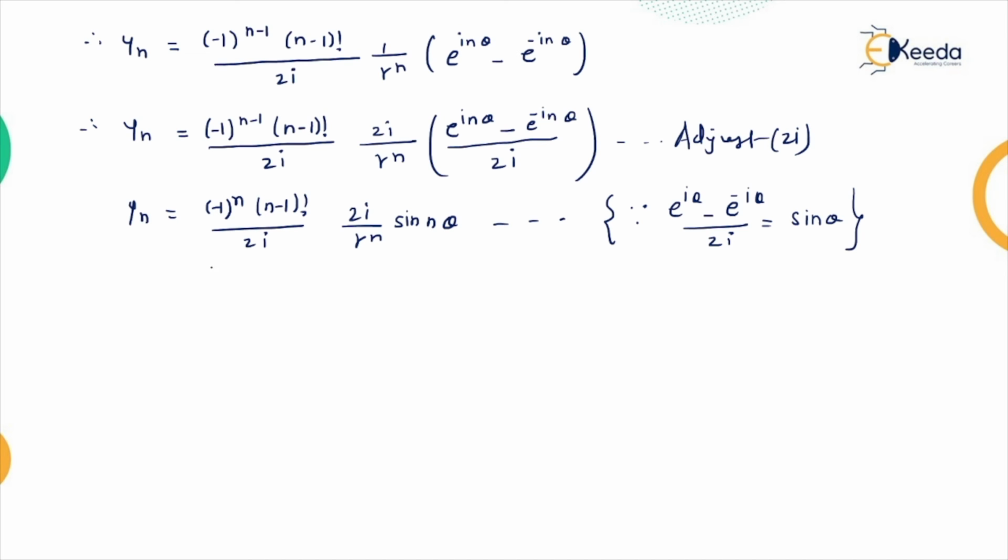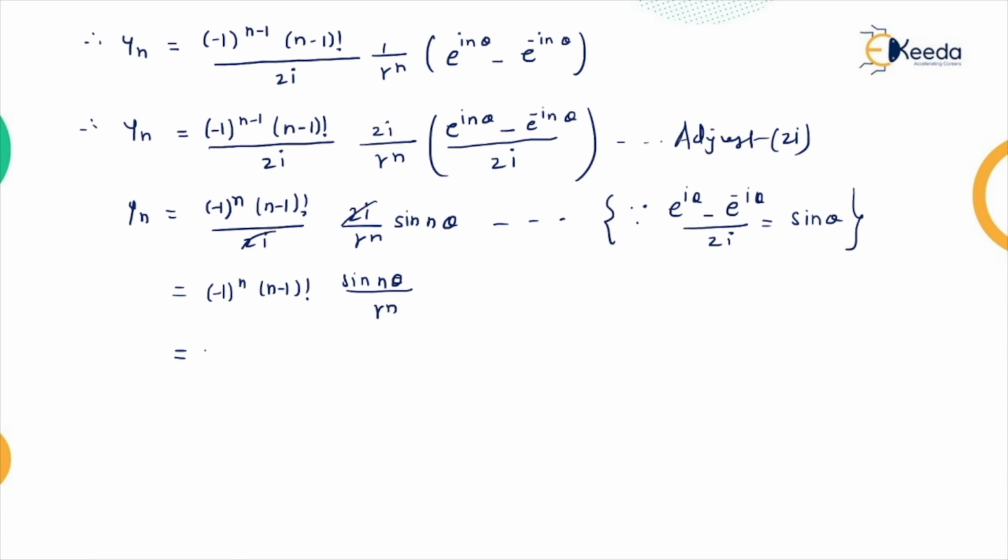I hope you understand up to this. So therefore the 2i and 2i get cancelled here, so there is only (-1)^n into (n-1) factorial, and what remains is sine n theta upon r^n.